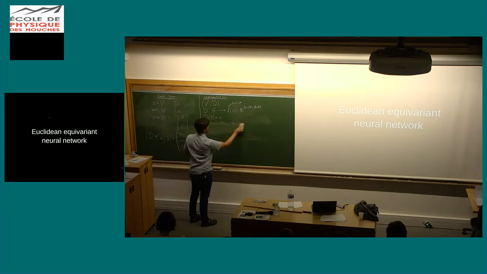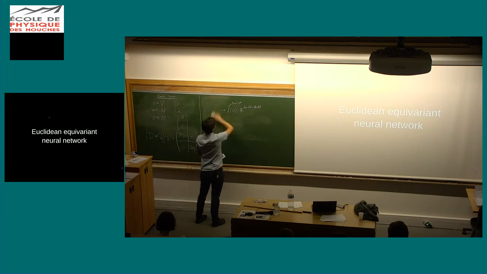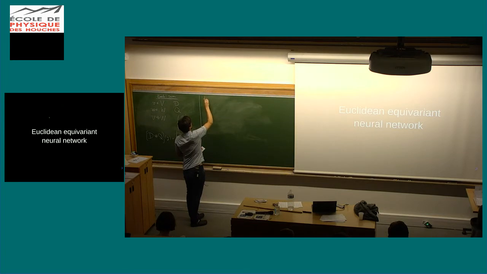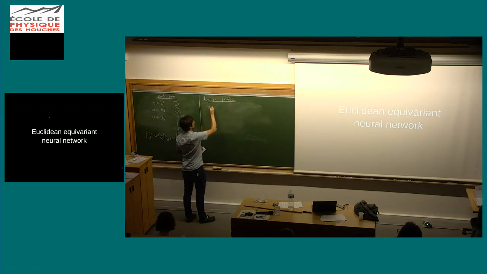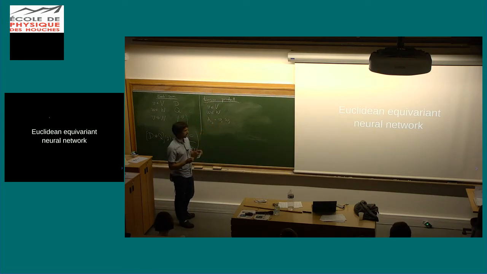The other operation that I will need is the tensor product. If you have again two vector spaces, it's easier in components. If you have Vi and Wj, you simply create the object Aij, which is all the possible components multiplied together, two by two.